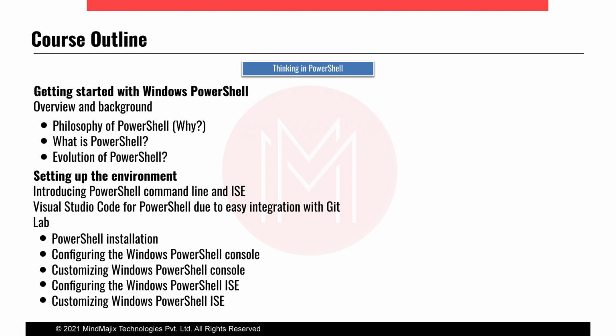The second topic is about setting up the environment. Like I said, Windows PowerShell is a computer language, and we have to do development in it, and development needs a software development environment.